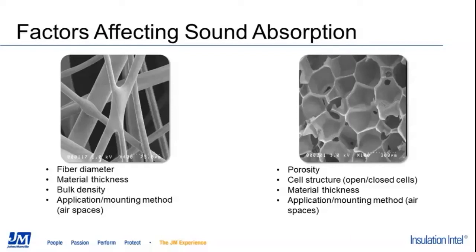Now, those cells can be open or closed cells, but looking at the porosity of that material, porosity would relate more to how much of that cell structure is open cells and how many of the open cells are connected to each other, thereby creating a path that the sound energy can pass through as it enters into the material. Again, material thickness can be very important, as well as the application and mounting methods. So similar concepts for absorption and transmission, but slightly different in terms of the types of materials that you would typically be working with.